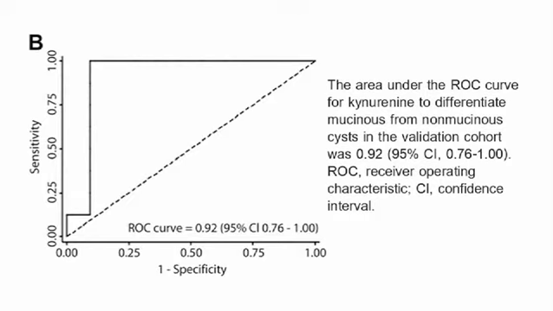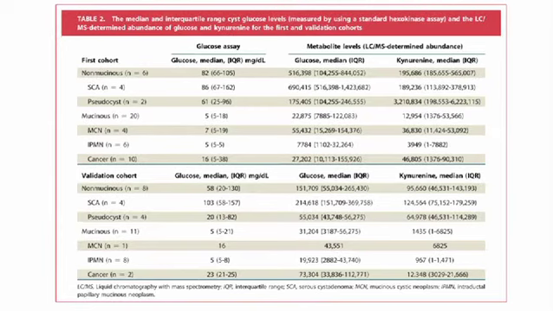Now, the caveat is that although these assays are commercially available, and in theory anyone could do it in their own hospital laboratories, these assays haven't been validated for this specific purpose, for cyst fluid. So the caution is that studies need to be done to further validate and define the technical parameters of how they would perform in cyst fluid. Kynurenine, there is no commercially available assay at this point in time. There are ELISA assays that are used for research, but nothing available clinically yet.